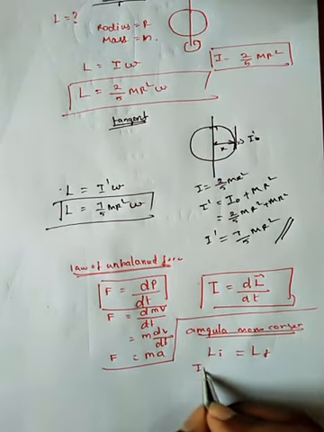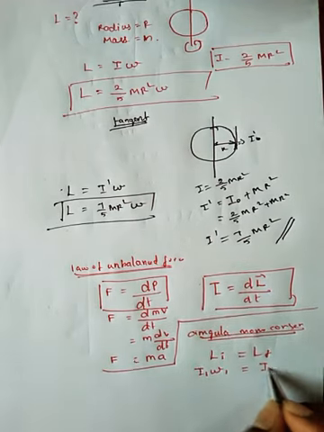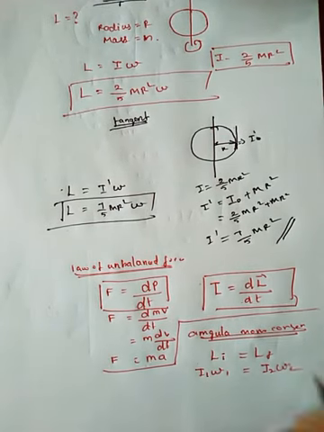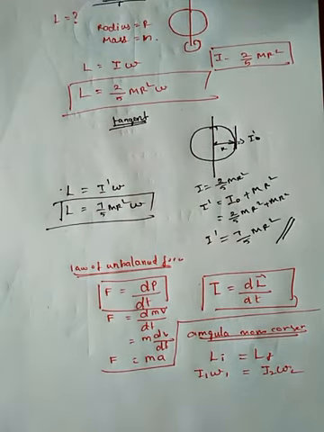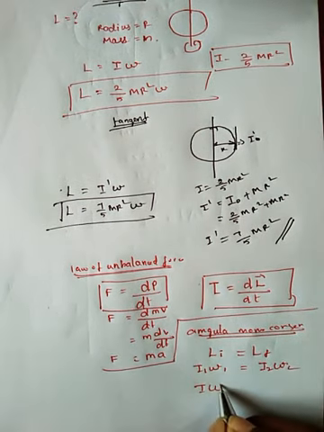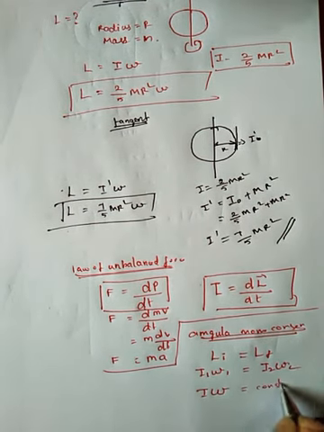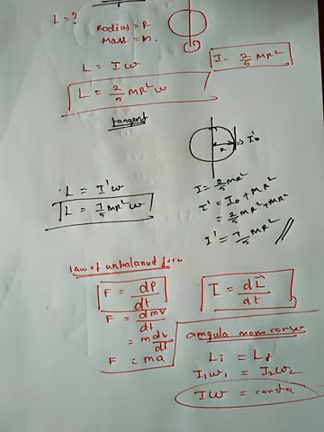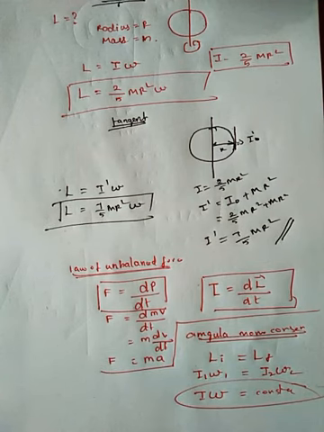That's I1 omega 1 equals I2 omega 2. Hence, I into omega is constant. It never changes for any question or any case. The angular momentum is conserved.